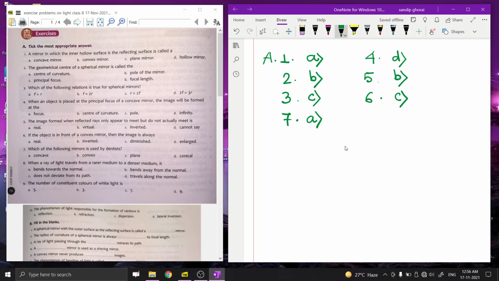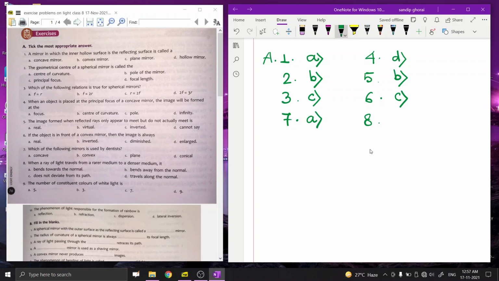Now we move to question number 8. When a ray of light travels from a rarer medium to a denser medium, then it bends towards the normal, bends away from the normal, does not deviate from its path, or travels along the normal.